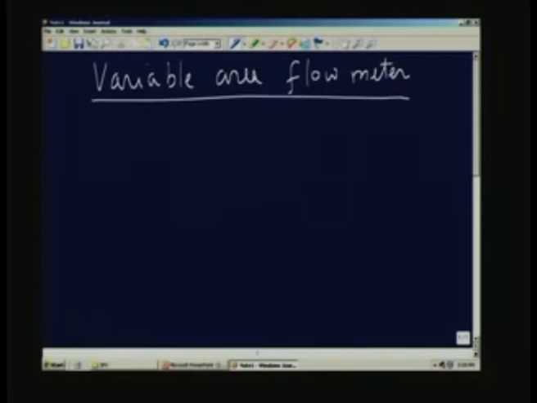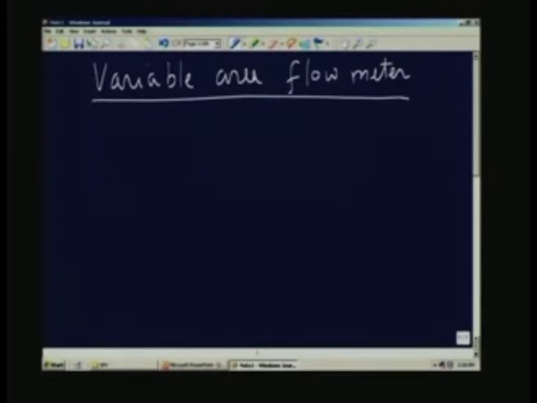Basically we assume that the flow is that of an ideal fluid, that means there is no viscosity, and then we look at the flow through a tube of variable cross section or variable area for the flow, and assume that the flow is one dimensional and steady.